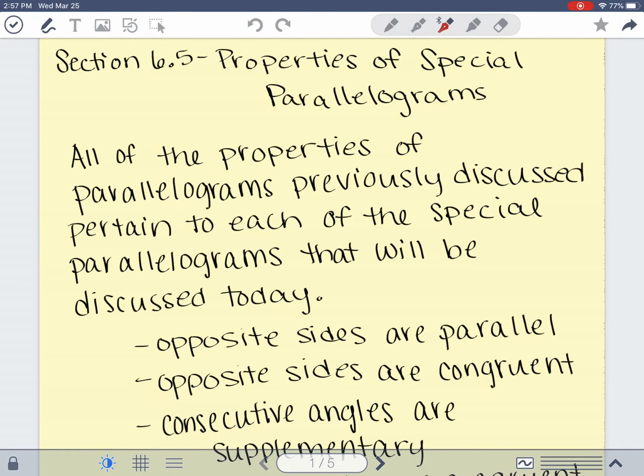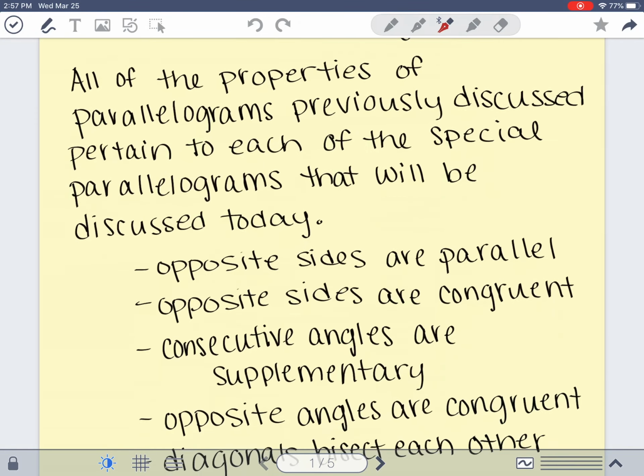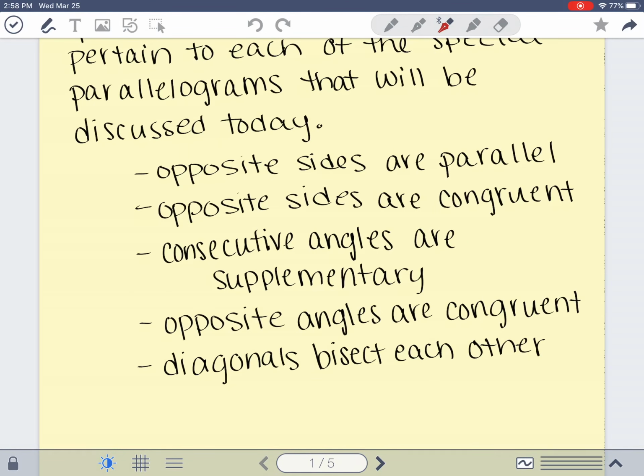All right, so section 6.5 is on properties of special parallelograms. Hopefully we can get this all in one video, but it's likely that it will be in two. All of the properties of parallelograms previously discussed pertain to each of the special parallelograms that we're going to talk about today.